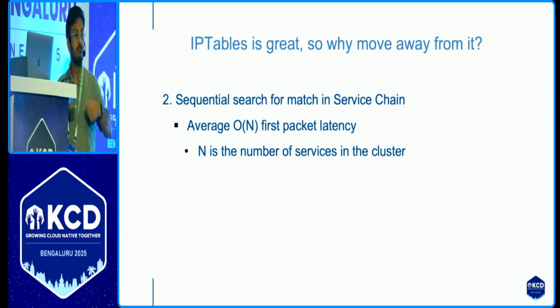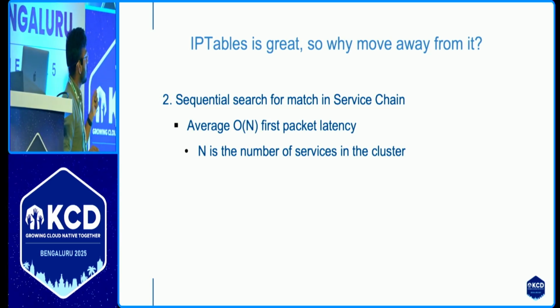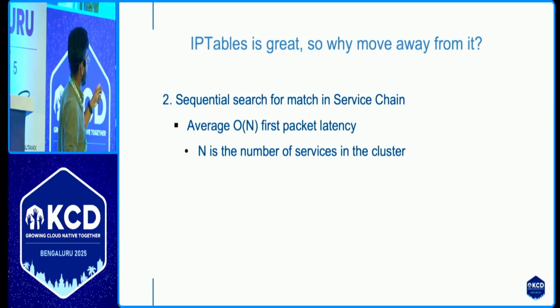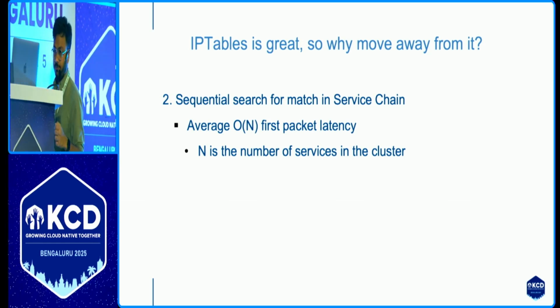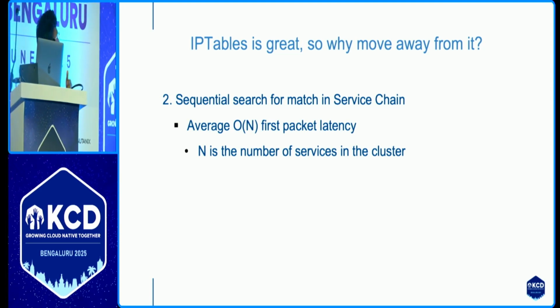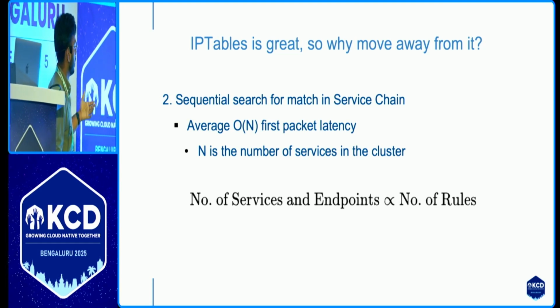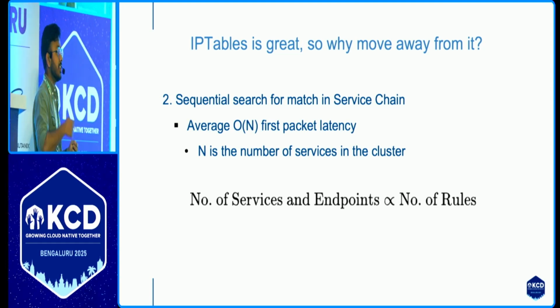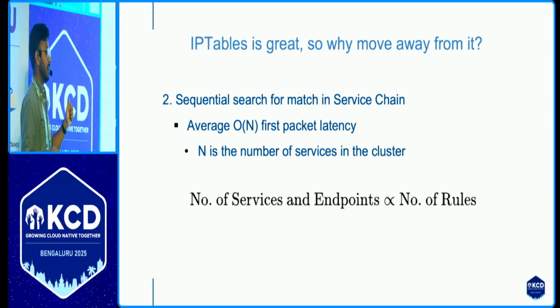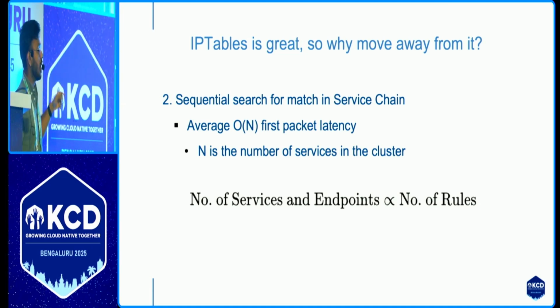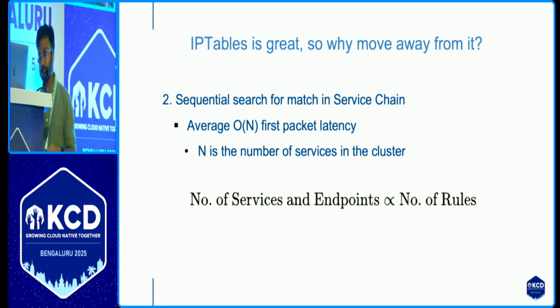As you have more services in your cluster, the average first packet latency gets affected, which is essentially O of n, where n is the number of services in your cluster. Now, as your cluster grows, you have more services, more applications, more deployments, pods, and endpoints. The number of rules in your cluster increases, which further amplifies the effect of the first point, that is, the lack of incremental updates leads to significant impact on your data plane programming latency. And because of this sequential search, your first packet latency also takes a hit.